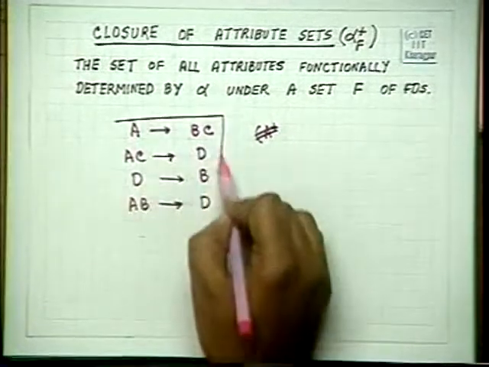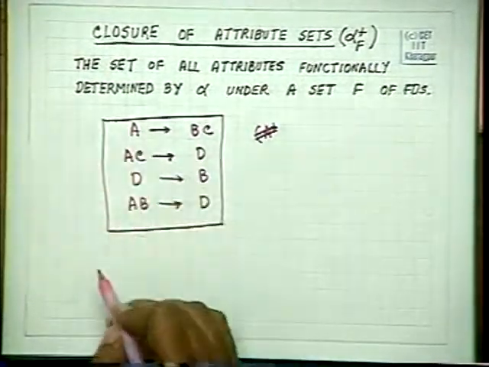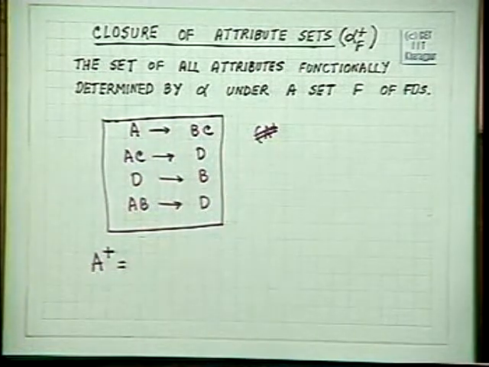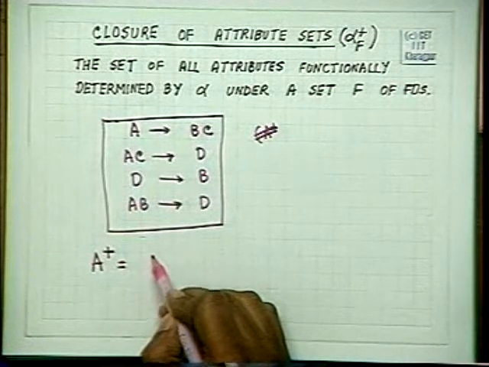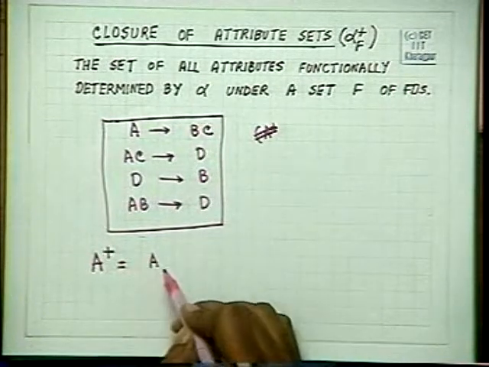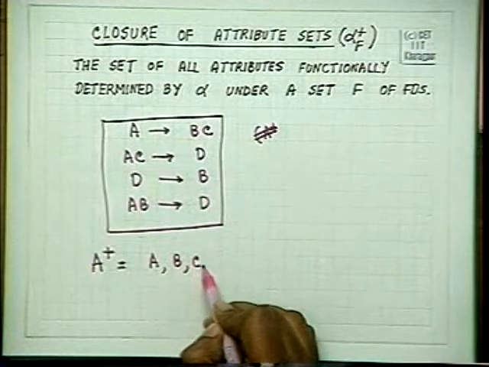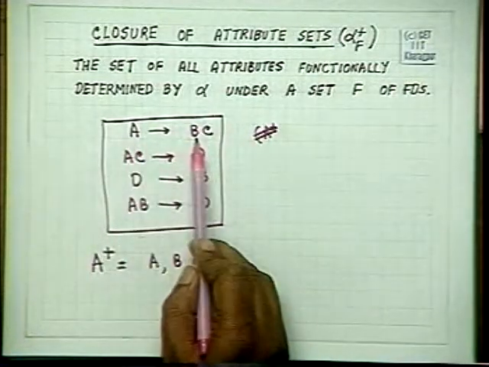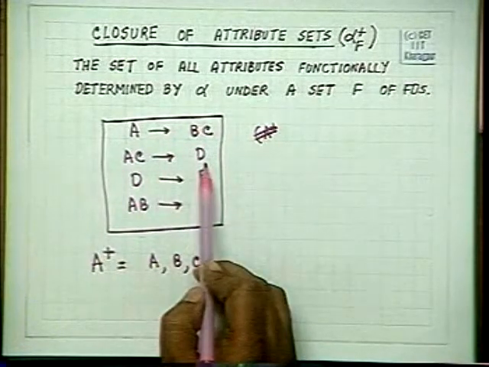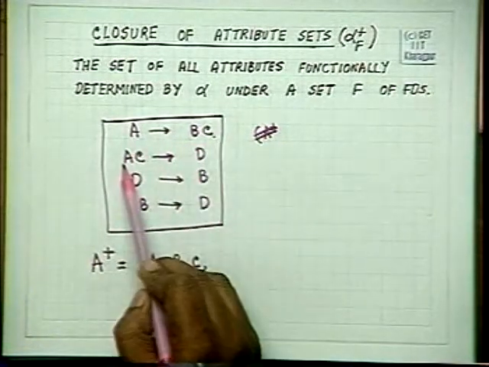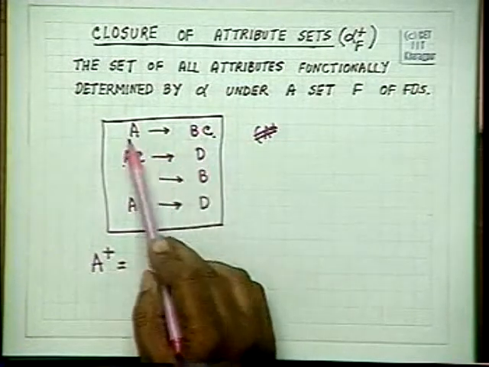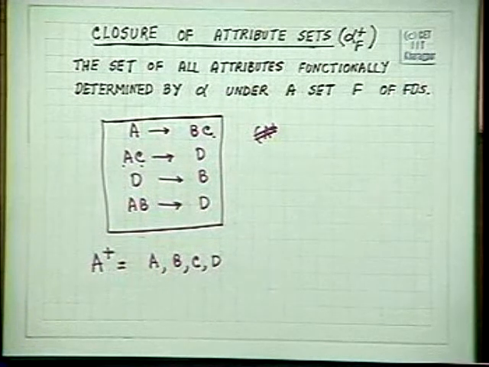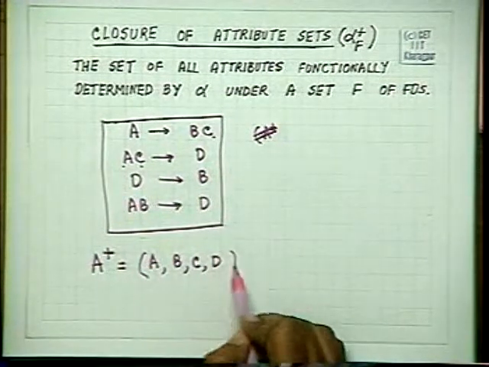This is the set of functional dependencies. A plus is equal to A obviously, B, C. Now A implies B and AC gives D. A implies C and AC gives D. Therefore, A will give D. So, A plus is A, B, C, D.